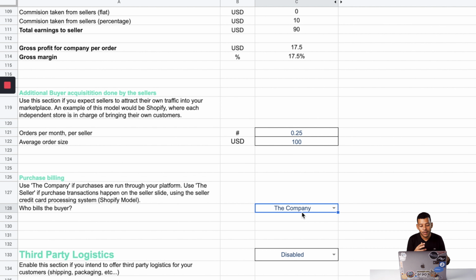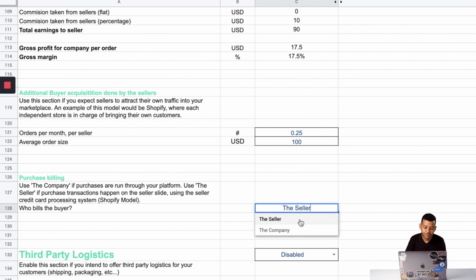But that makes the financial model look very differently because on the company, you're charging a bunch of money. Your revenue is going to be through the roof because you're charging literally every order. And then you have a lot of cost of goods sold because you're transferring that money away. While if you set this to the seller, you're only going to be perceiving the money that really corresponds to you, so the commissions themselves. But the total revenue is not going to be counted in your books.